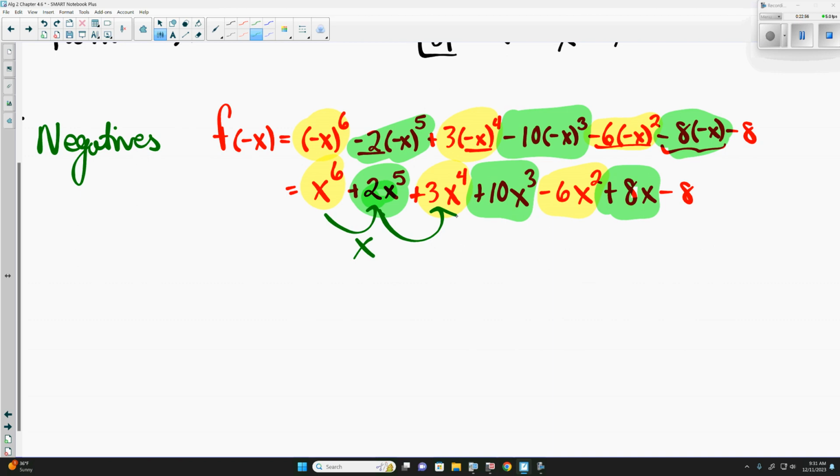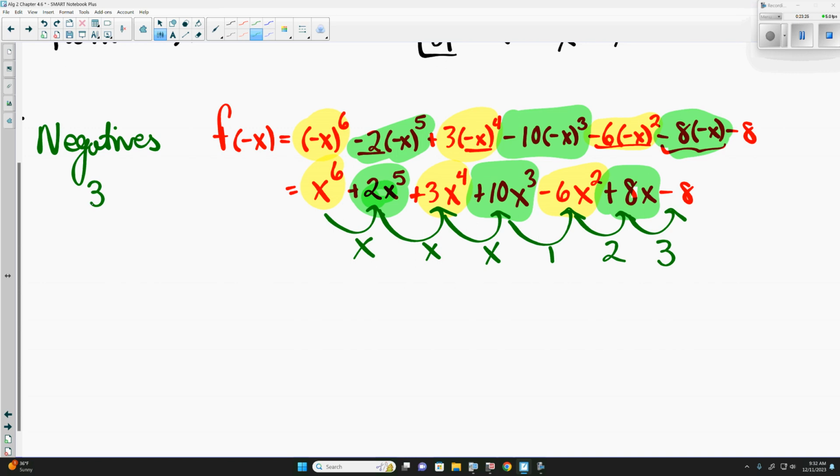X to the 5th to x to the 4th, positive to positive, no. X to the 4th to x to the 3rd, positive to positive, no. X to the 3rd to x squared, yes, we went from positive to negative. X squared to x, negative to positive, yes. X to constant, 8 to negative 8, yes.